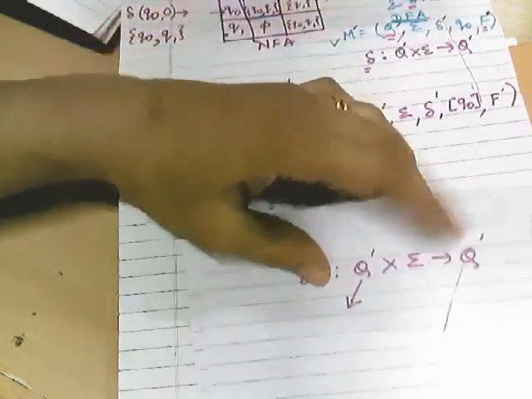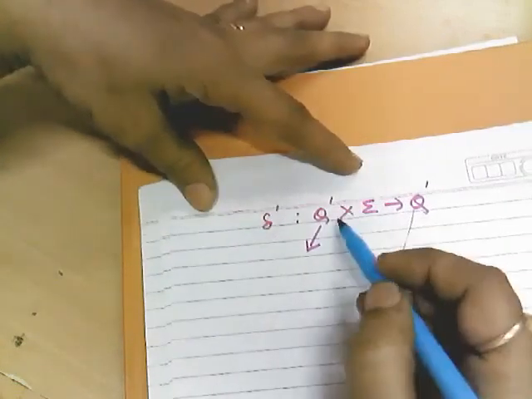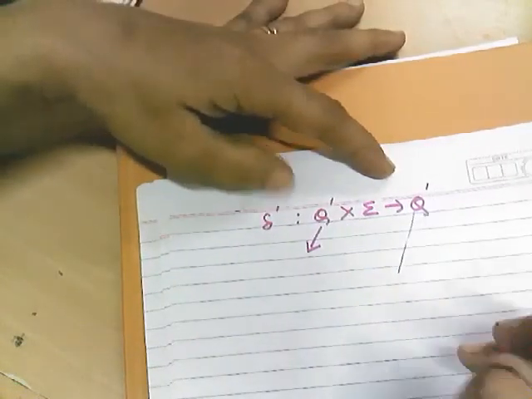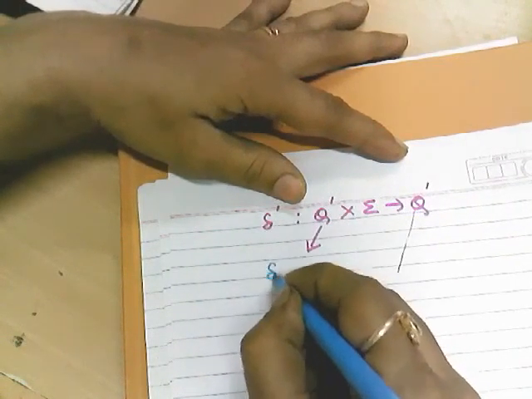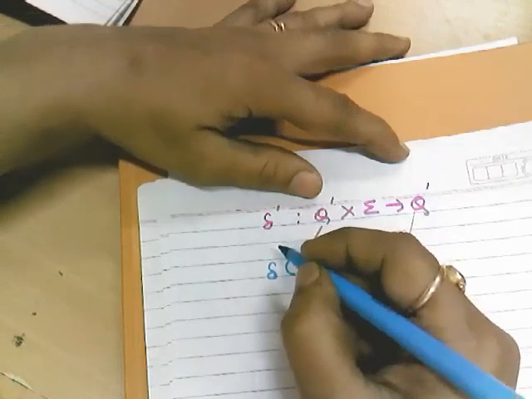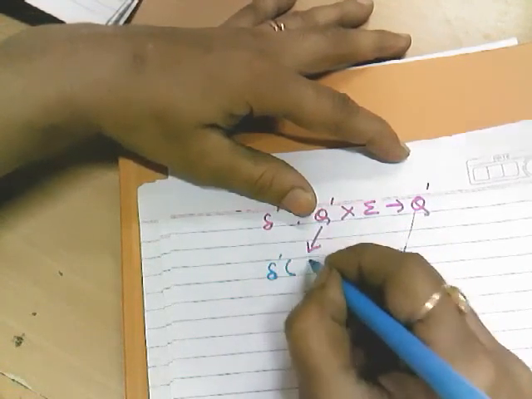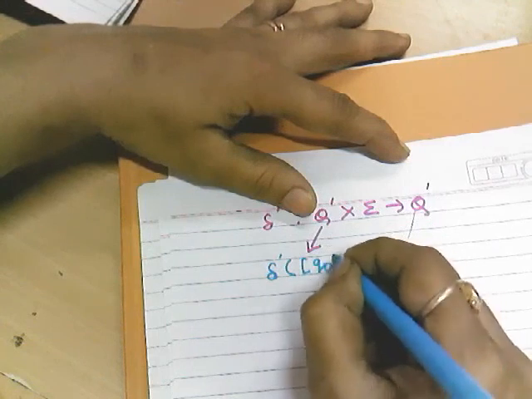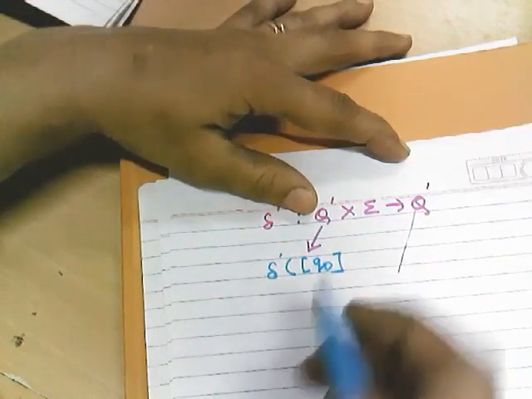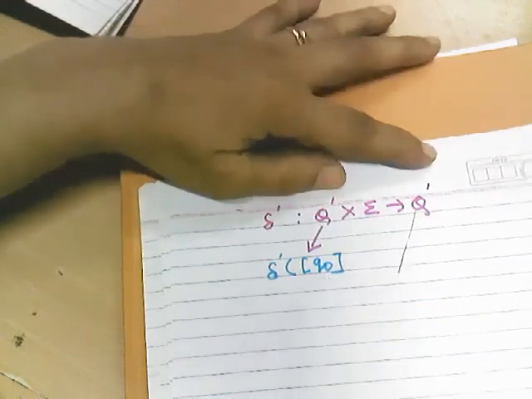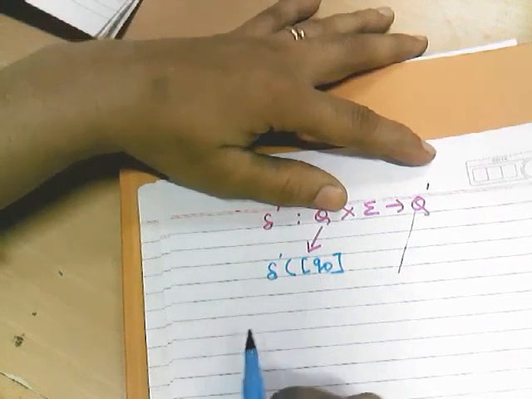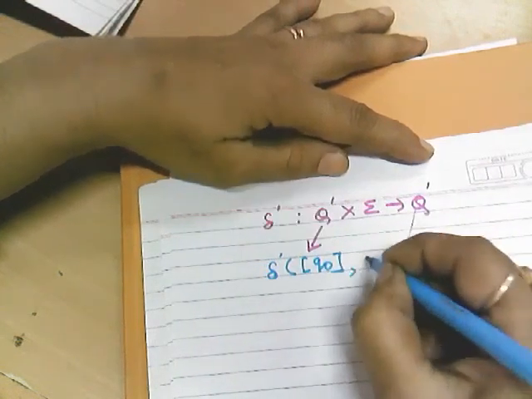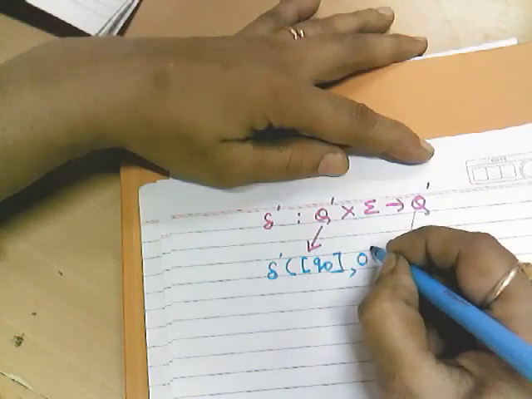So in the same way, Q' into alphabet is going to give you the next state. So I need to find out the delta function. The very first state is Q0, which is written not simply as Q0 as in the NFA; here Q0 is written in square brackets. My input symbol is 0, right?